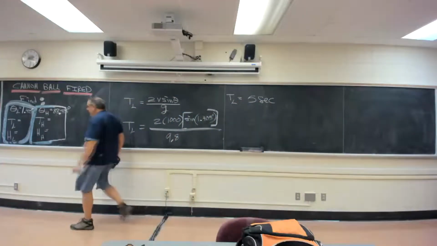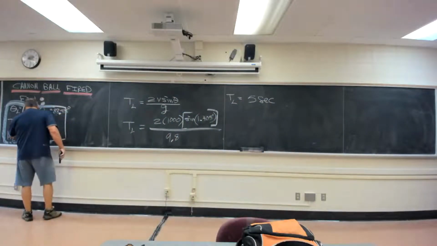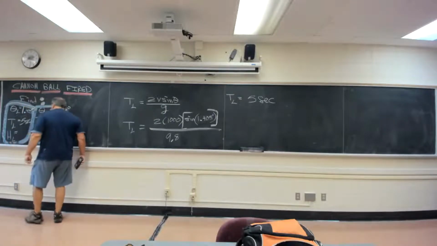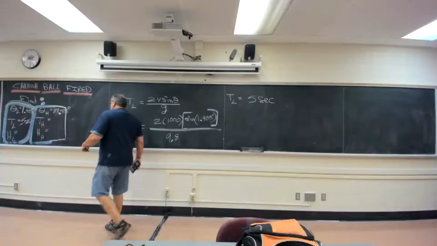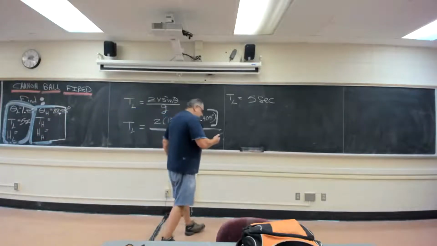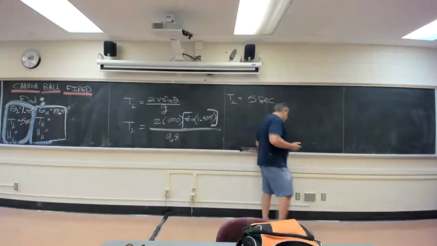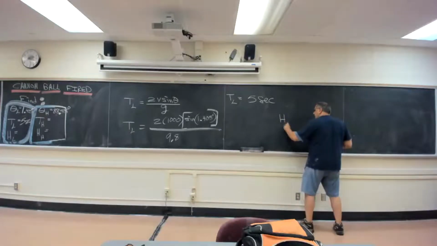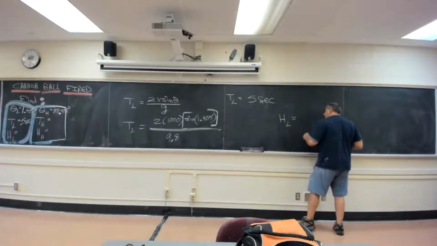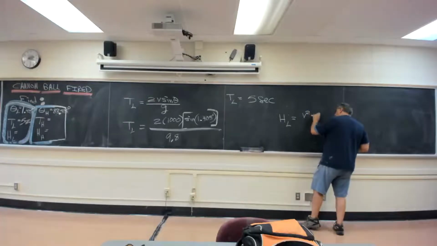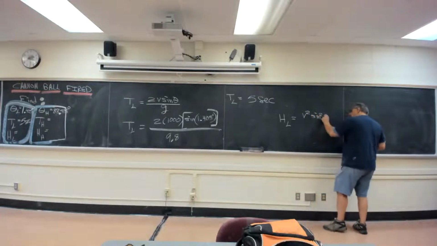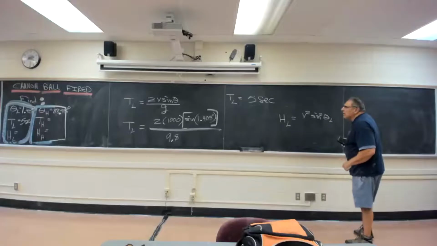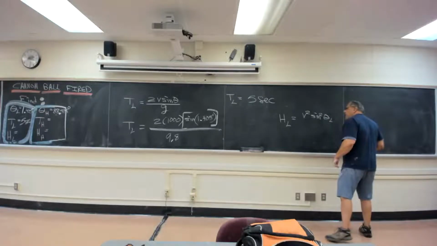Right now, my big thing for you is to make sure that you're okay. It's working out here. What's the height? Height's an interesting matter in its own right. The height, h sub L, or any kind of height for that matter, is v squared sine squared theta sub L over 2g.